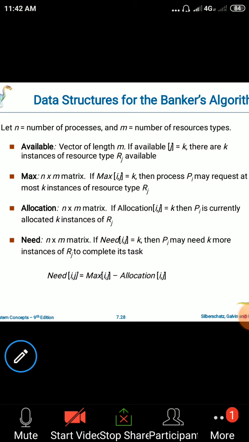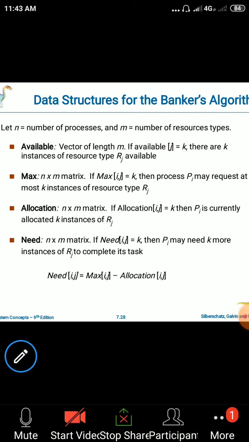Then how many instances of each resource does the process require? Now the process P1 requires 2 CPUs, 1 memory and 2 IO devices. The memory may be the tape drive or the magnetic drive, and the 2 IO devices are the scanner and printer.